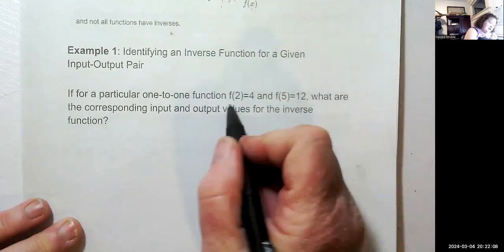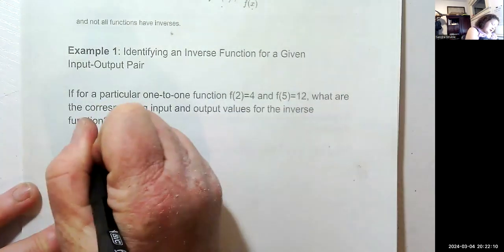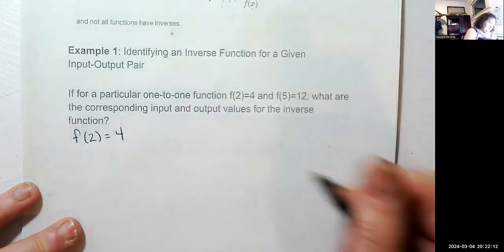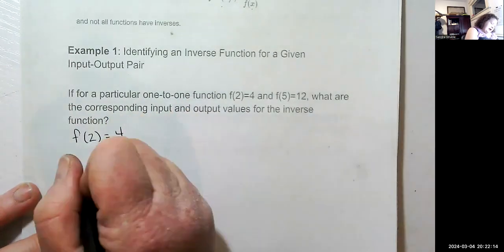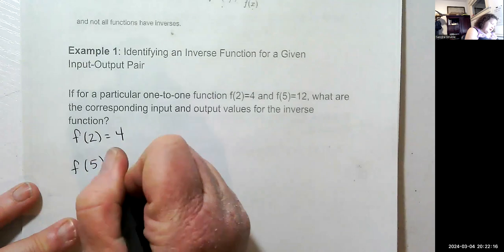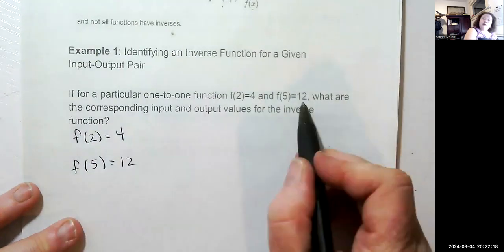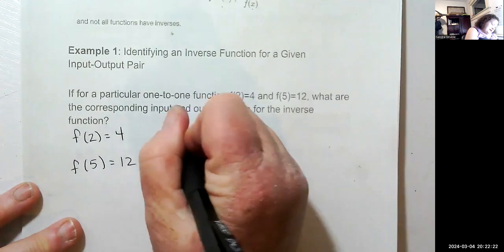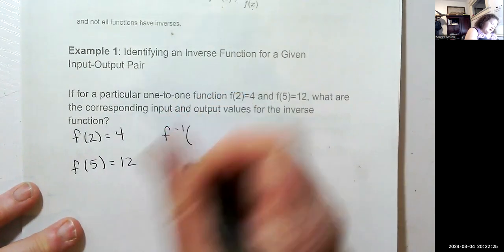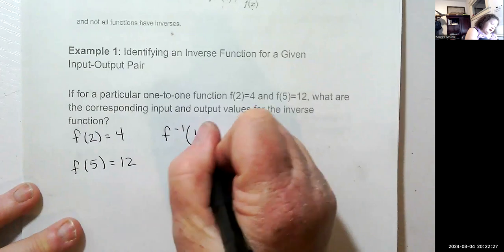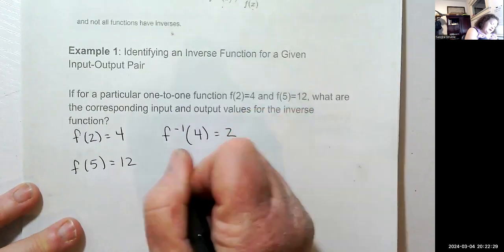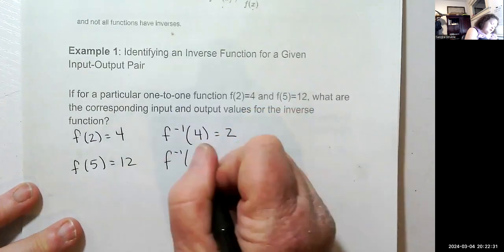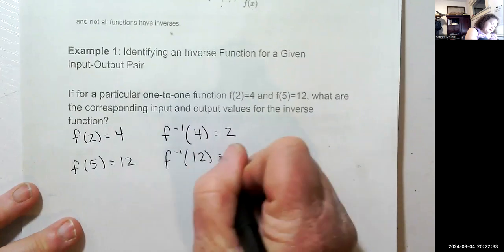Well, if f of 2 is equal to 4, and f of 5 is equal to 12, that's what they're telling us. So this is the function f. Then that means that the inverse function f inverse of 4 is 2, and the inverse of 12 is 5.